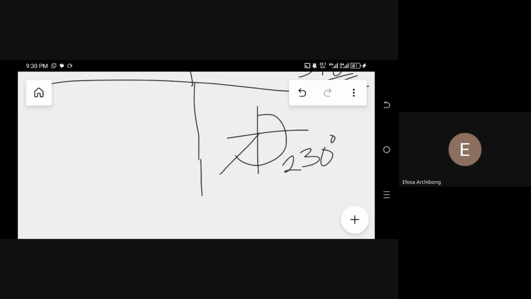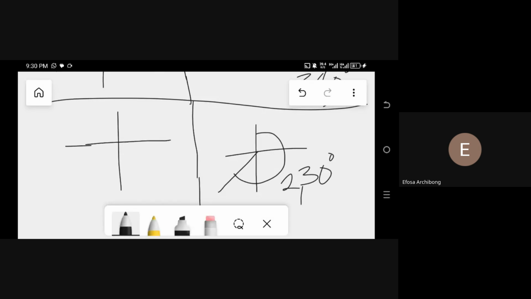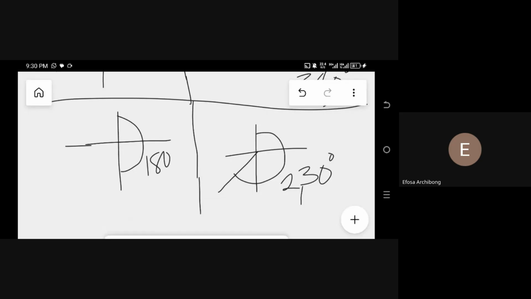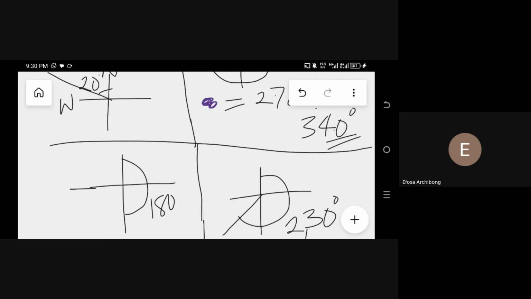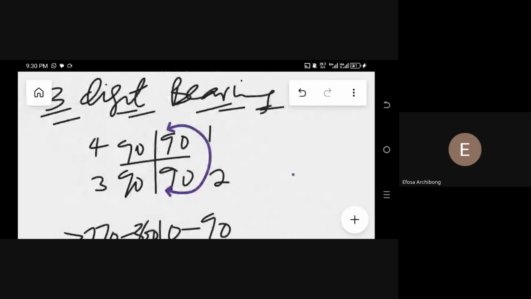Now, in converting this to a compass bearing, if from the north down to the south is 180, we know that because each of them, we have talked about it before, is 90, 90, 90.